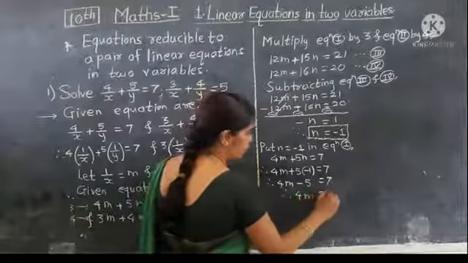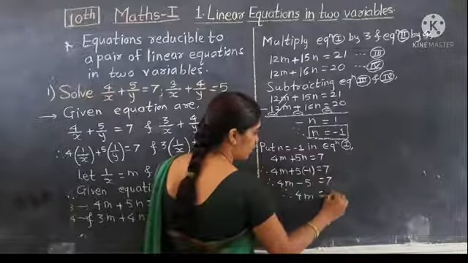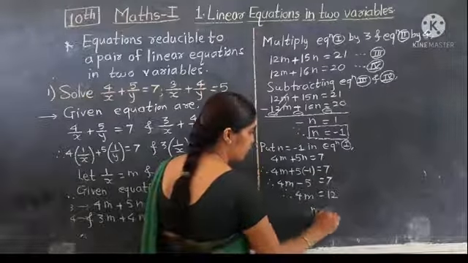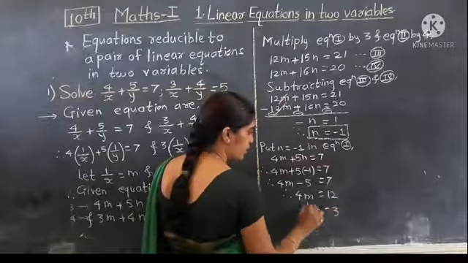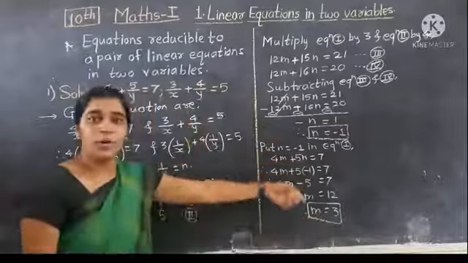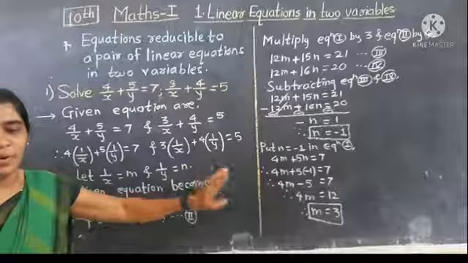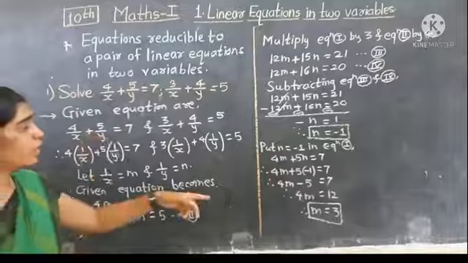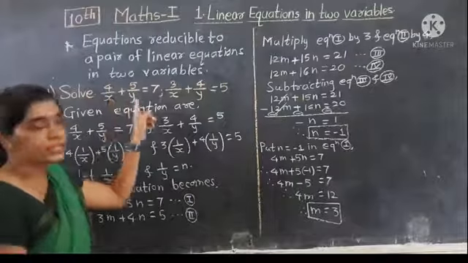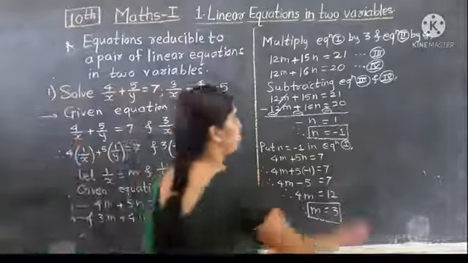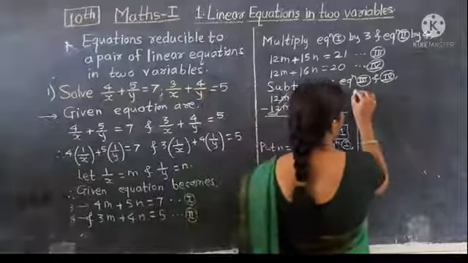Therefore, we get 4m is equal to 7 plus 5, 12. m is equal to 3, since 4 3s are 12. We get the values of m and n. But we don't want the values of m and n. We have to solve in terms of x and y. So we find the value of x here.